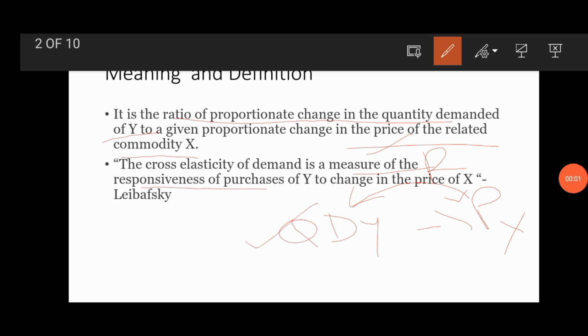Cross elasticity of demand measures the responsiveness of purchase of Y, how people purchase commodity Y if there is a change in the price of commodity X. This is the definition given by Leibhafsky.